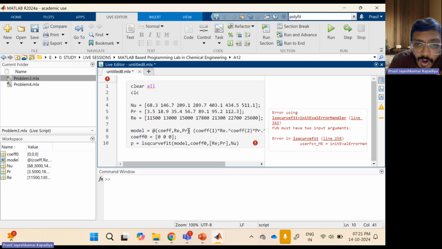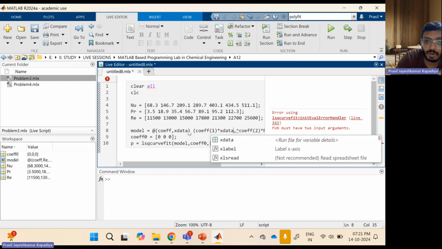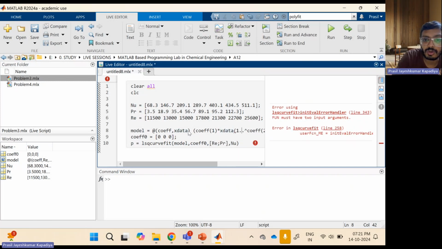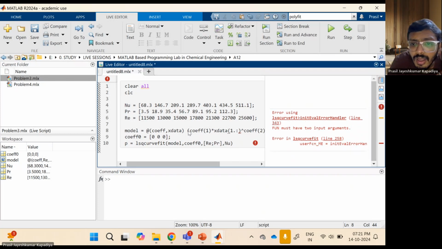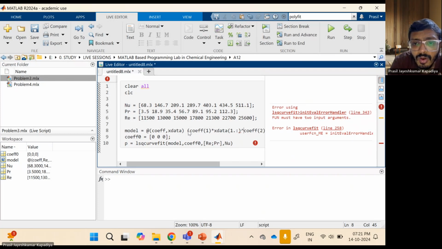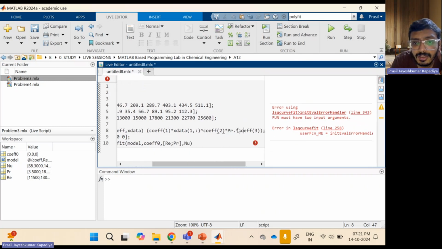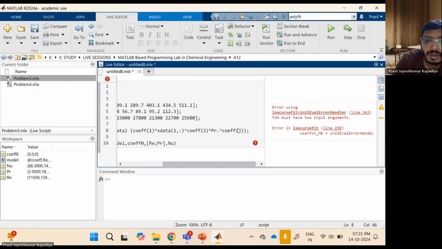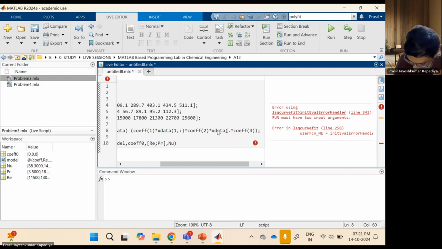Okay, so here it should be only two arguments. So what we can do, we can write it down as x data. Instead of Reynolds number, I have to write x data of first row, all columns. Similarly, not here Prandtl number, x data of second row, all columns.